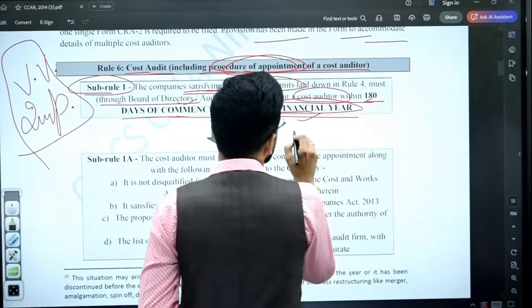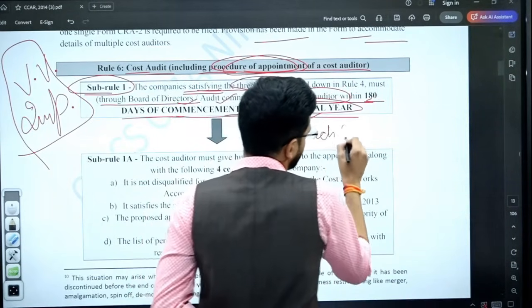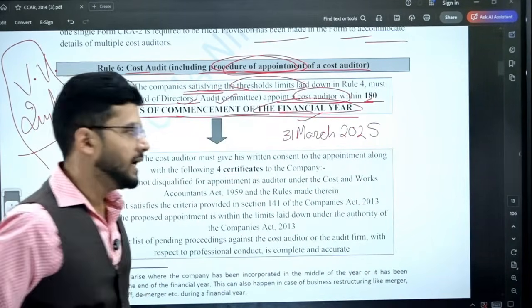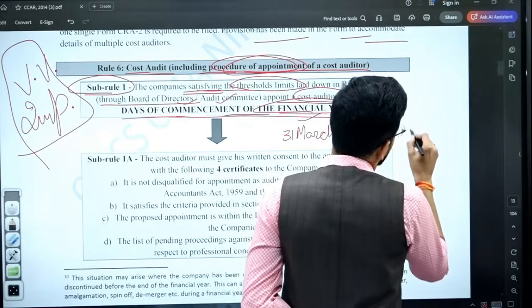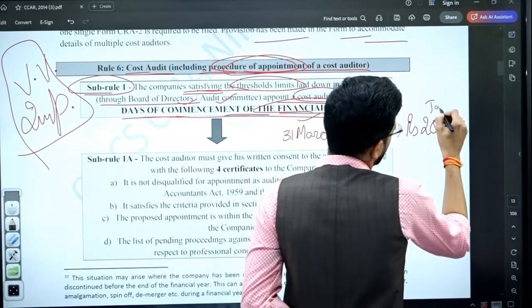Now please remember one thing. Suppose 31st March 2025 has ended, the turnover of this particular year was rupees 200 crores, and we are preparing Table B product also.